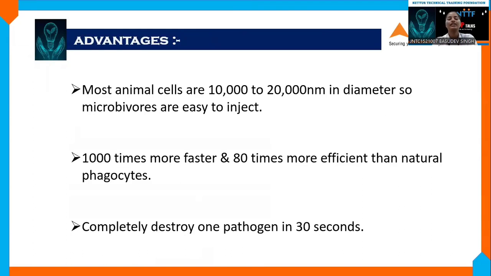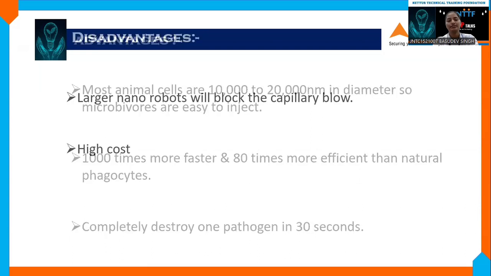Then it is 1,000 times faster and 80 times more efficient than natural pathogens. Means compared to normal pathogens, it will be 1,000 times faster, and the pathocycle time will be more efficient compared to normal. Then it completely destroys one pathogen in 30 seconds. Means to destroy one virus pathogen, it will take only 30 seconds.